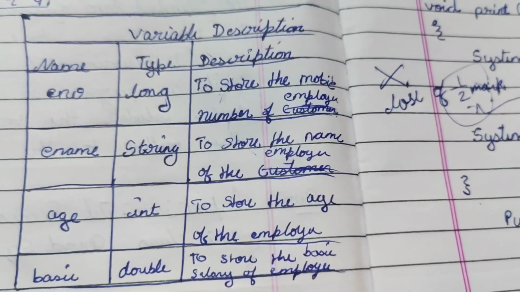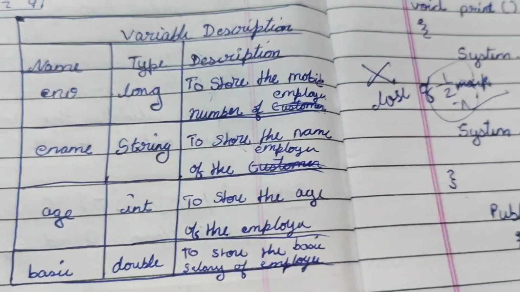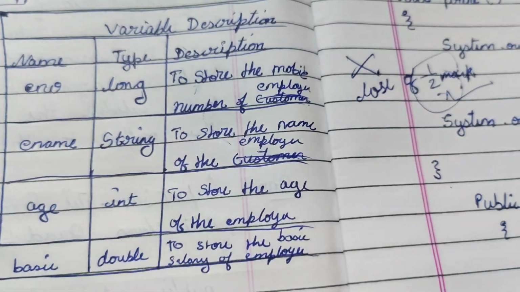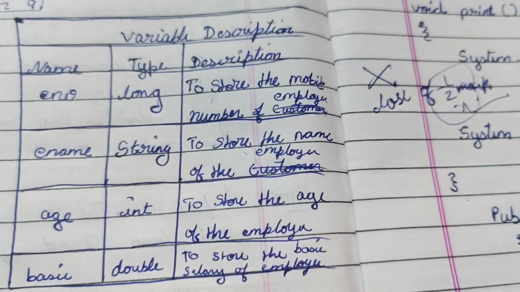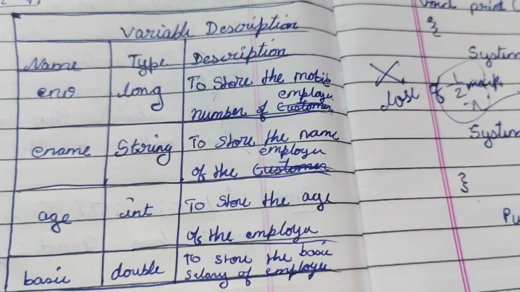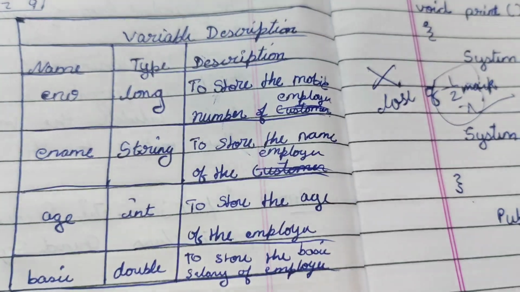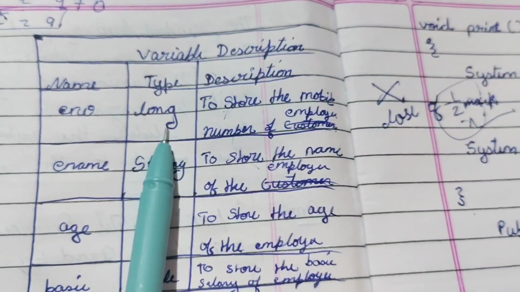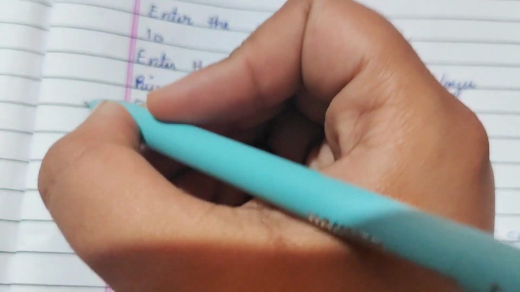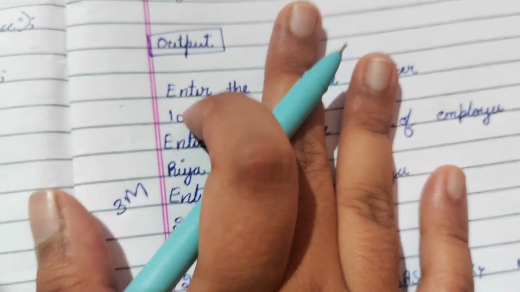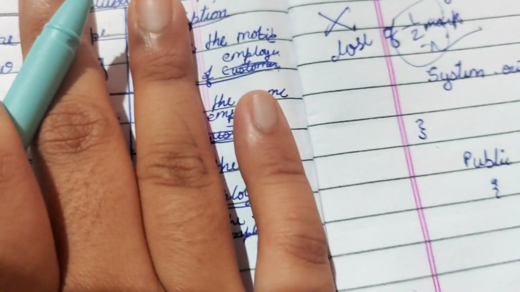Here the examiner who is correcting the computer exam paper will find it very easy for correction. If you write the variable description, it is 2 marks and the output is 3 marks. So write the output and variable description.